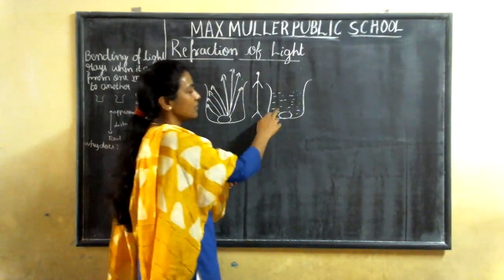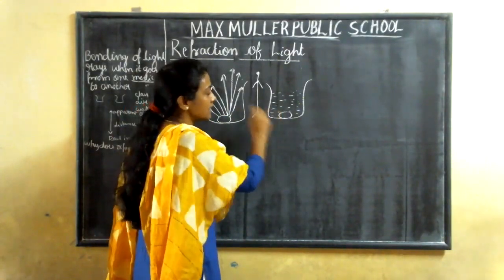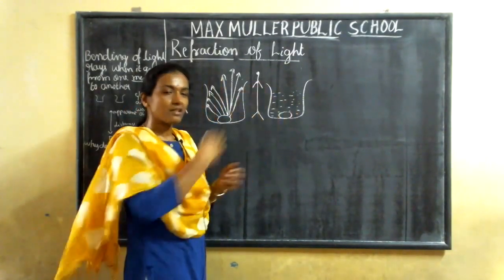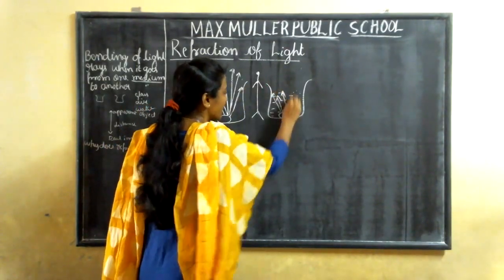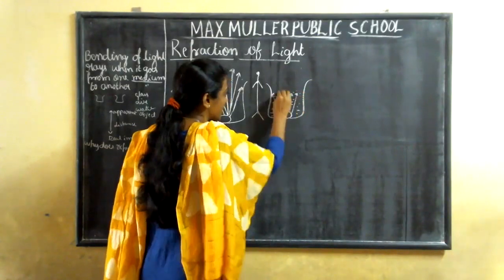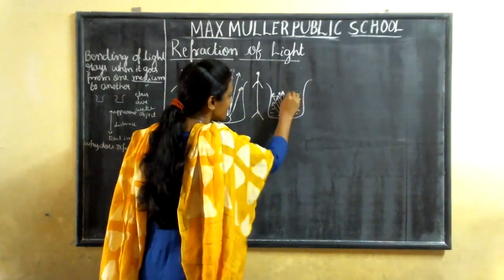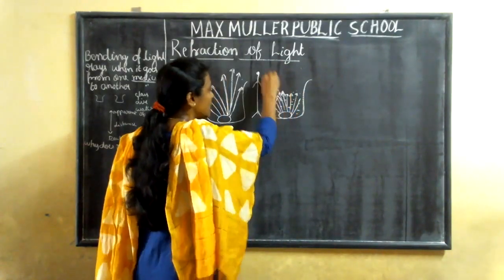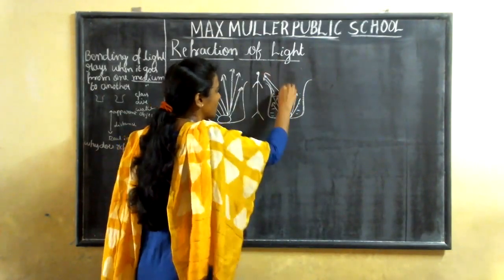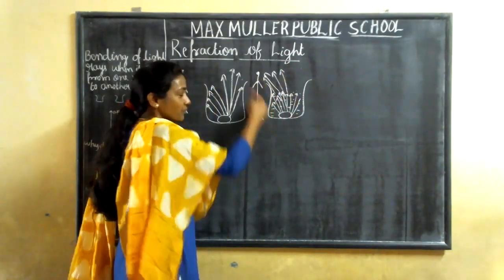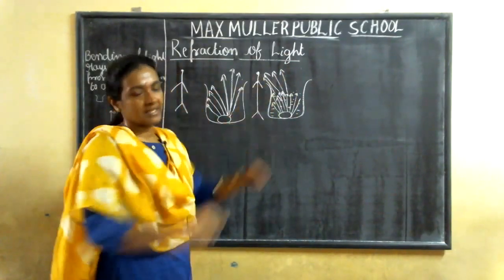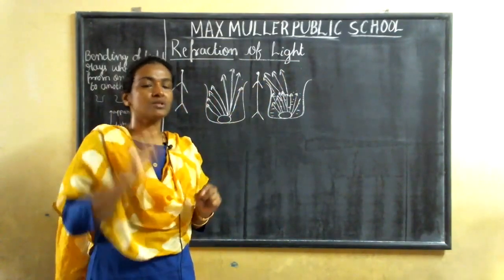What happens here when you have water in the container? The light rays reflecting from this coin will come till the surface of the water. Once they reach this surface, they will start to bend. Some of the rays will escape from the blocked surface of the container. At that time, you are able to see the coin.